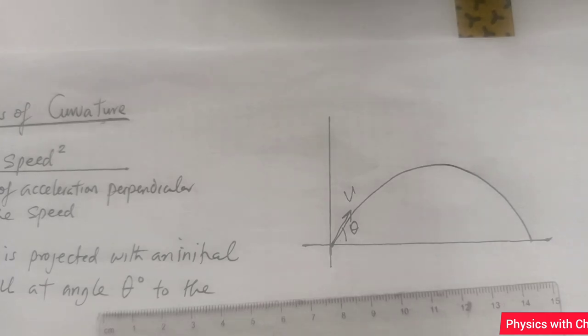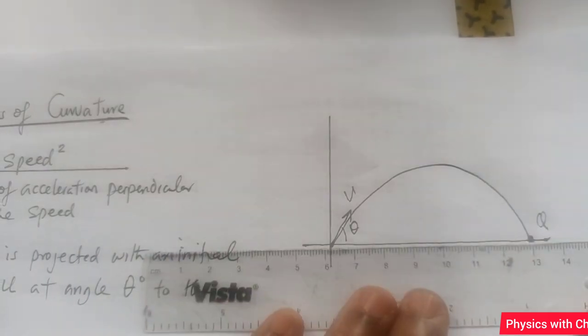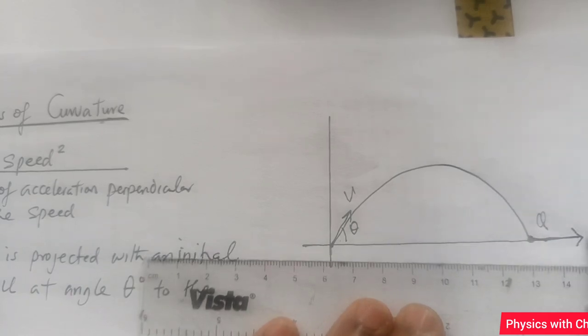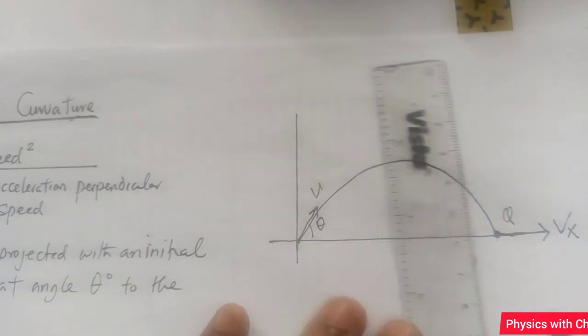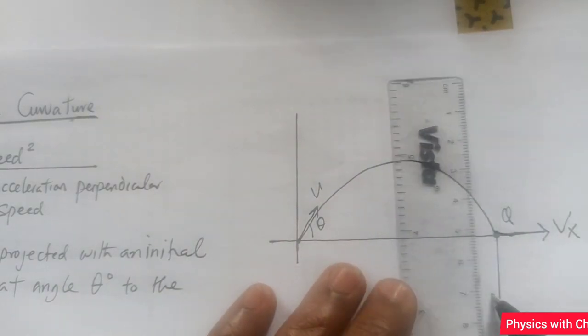Okay, so in this case, we're looking at point Q. Now, the body still has the horizontal velocity Vx, that is the horizontal component of its velocity is acting along this line, even at the landing point, and the vertical velocity Vy acts along this line.